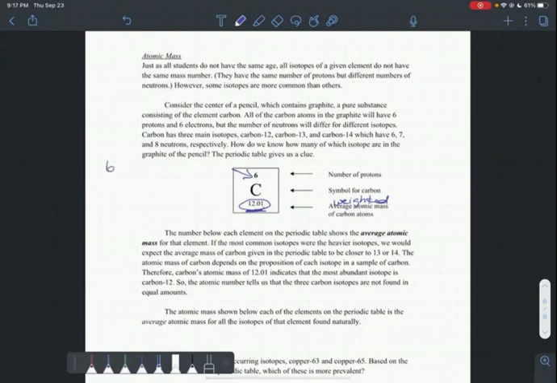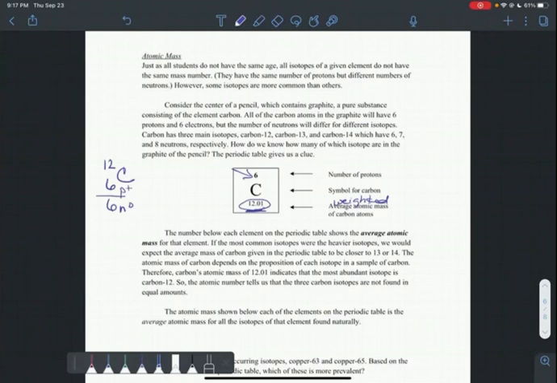If you have carbon 12, what is that telling me? That's telling me that I have 6 protons and I have 6 neutrons, right? That's my protons, that's my neutrons, so I get the mass number.